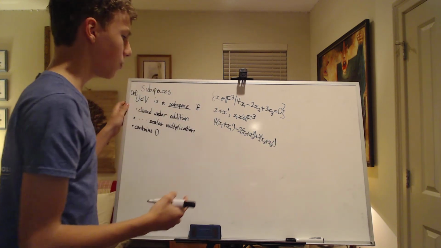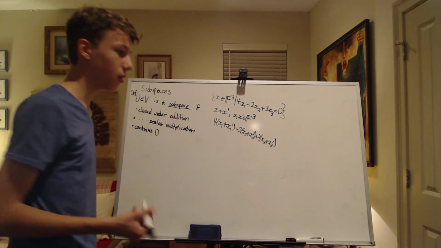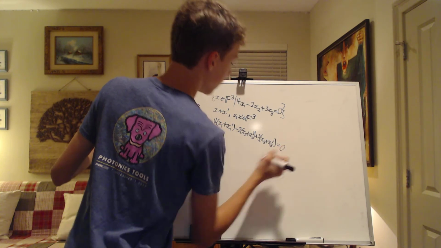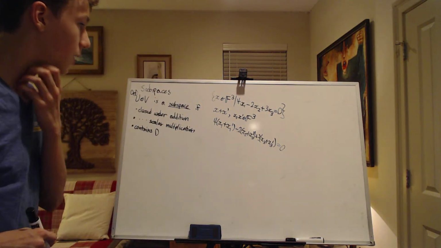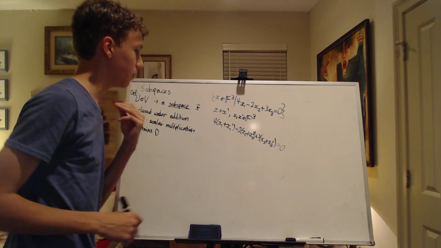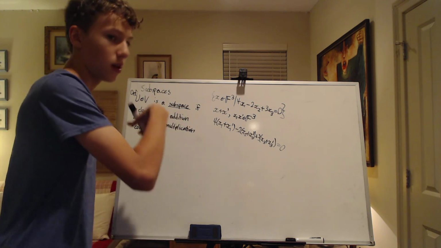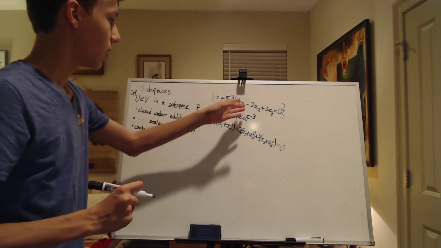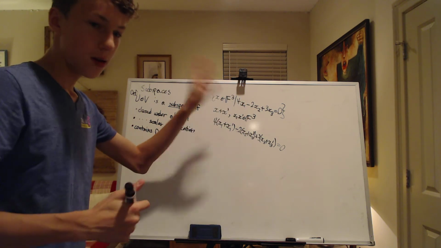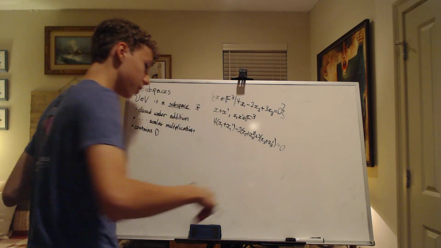And then you can distribute these out, and you'll get 0 plus 0 equals 0, and so indeed it's closed under addition. And finally, scalar multiplication, same deal. You get some scalar lambda times this expression, which is 0, lambda times 0 equals 0, etc.